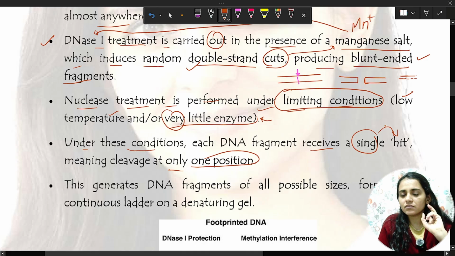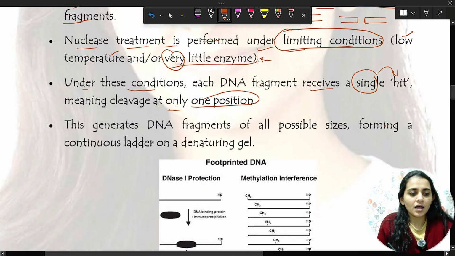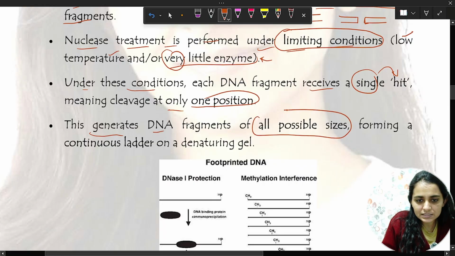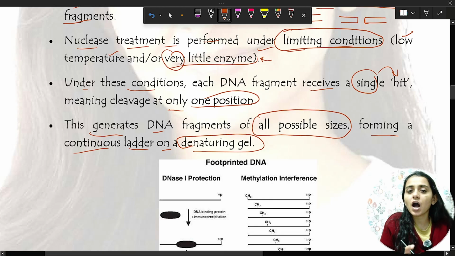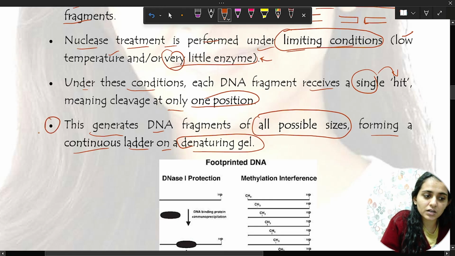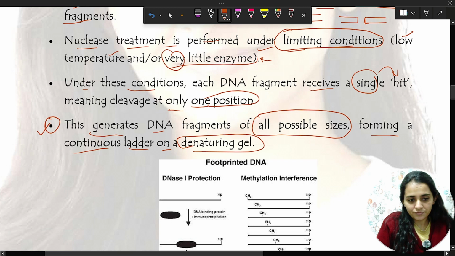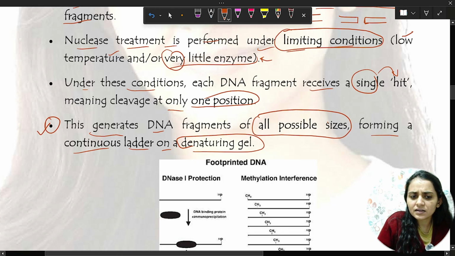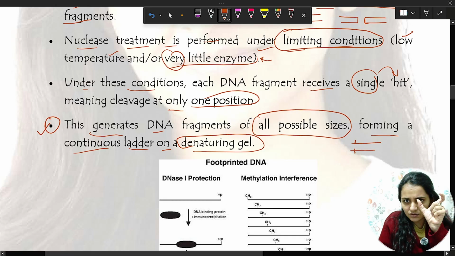Each fragment will be cut at only one place, and this will generate all possible sizes, forming a continuous ladder on the denaturing gel. How? This is a very important line. If it is cutting at only a single position of a strand, it doesn't mean that all strands will be cut from a specific site.